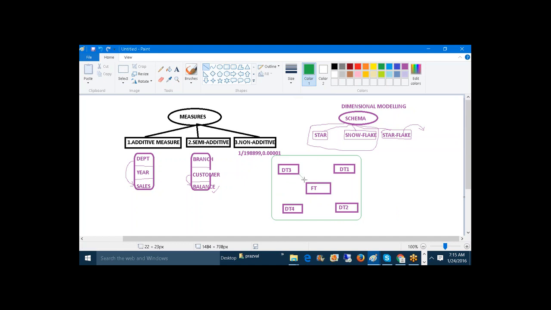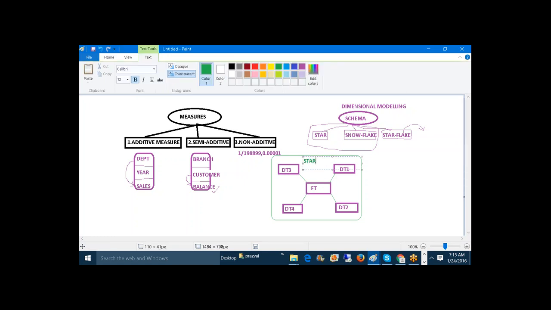This kind of arrangement is known as a star schema.